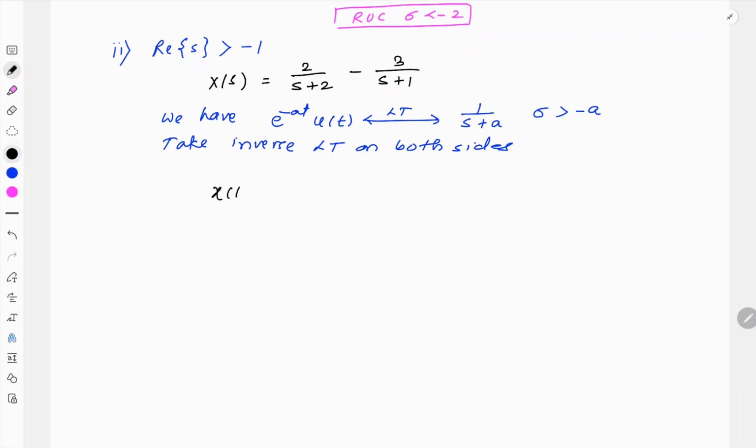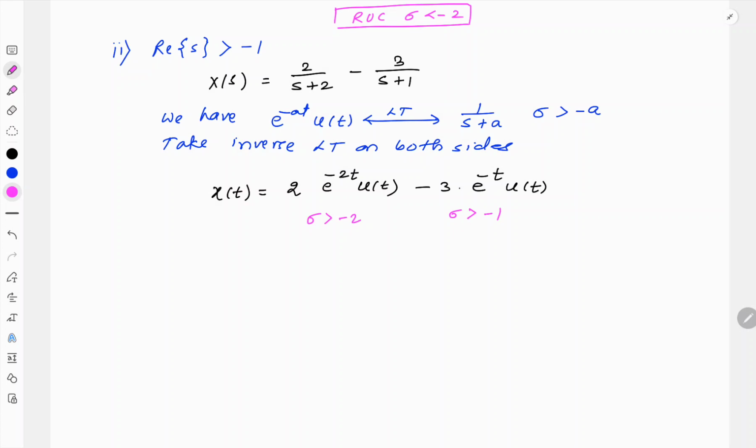So we get x of t equal to 2 as it is, 1 upon s plus 2 will be e raised to minus 2t u of t with RoC sigma greater than minus 2, and the second term, minus 3 upon s plus 1, its inverse will become minus 3 into e raised to minus t u of t with RoC sigma greater than minus 1.